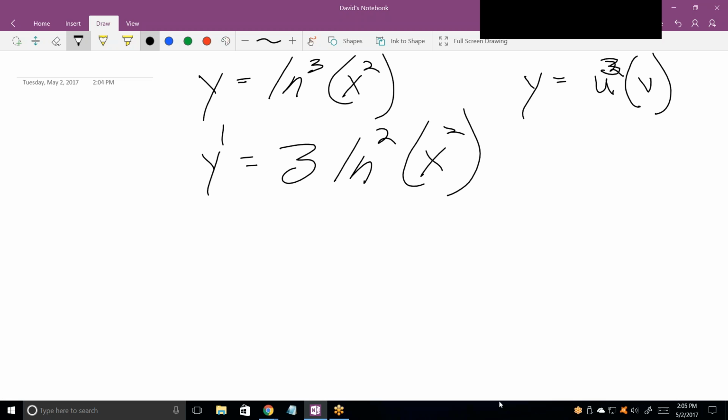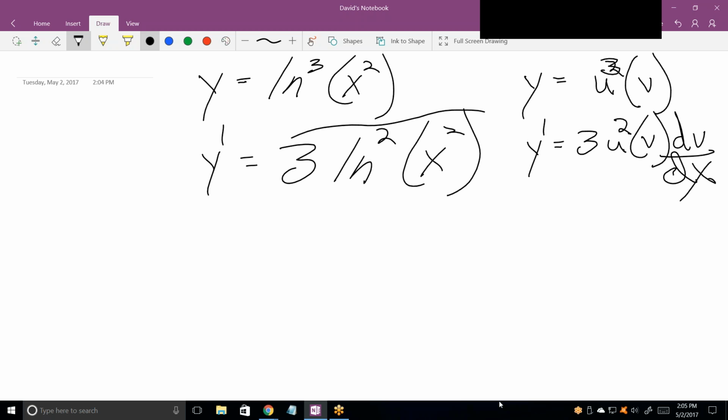So if I were to take the power rule on that, I would get 3u squared of v times dv dx. Well, there's my 3u squared of v, but I haven't taken dv dx.